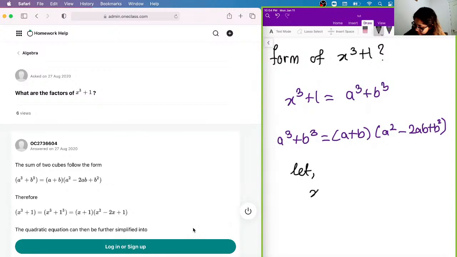x cubed be equal to a cubed. So this means x is equal to a.